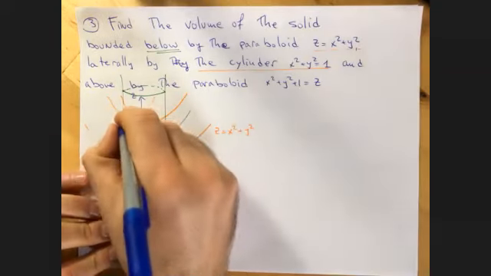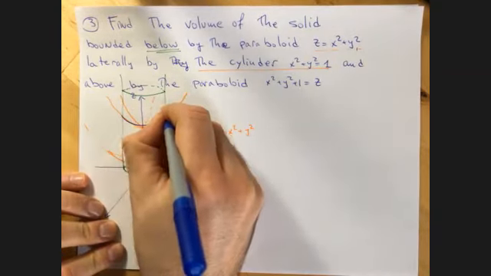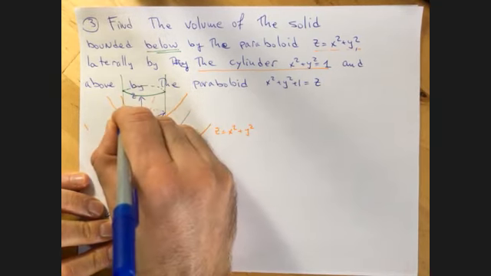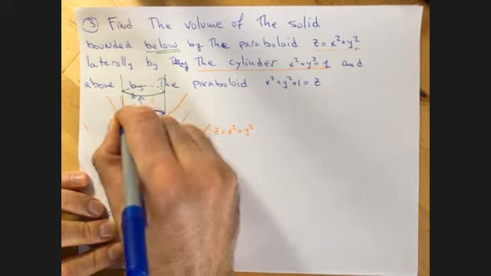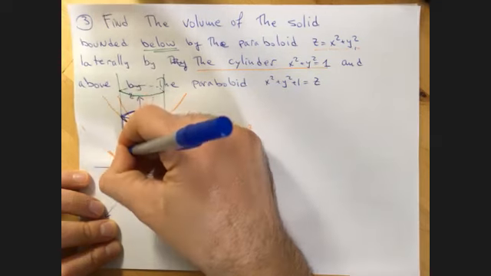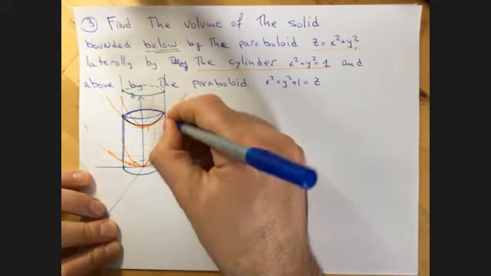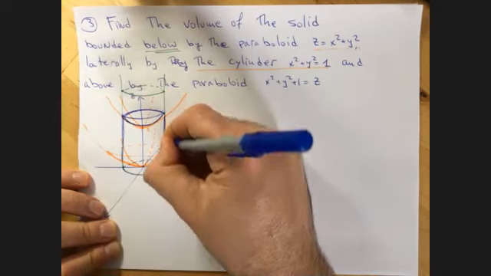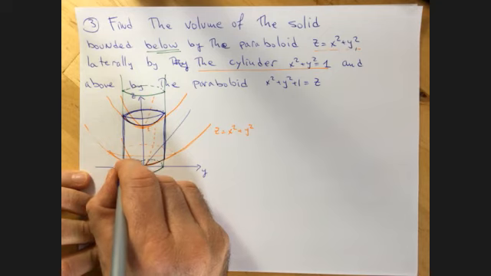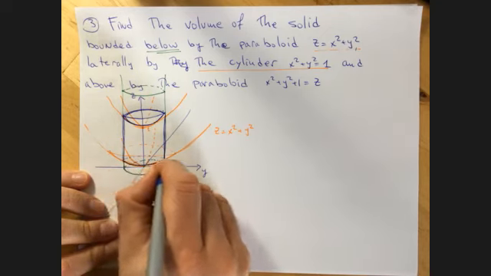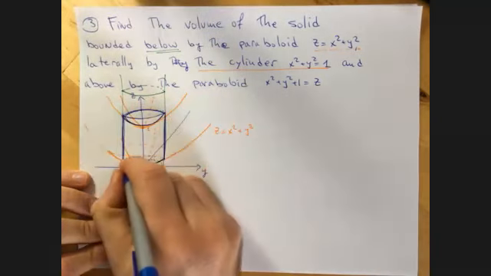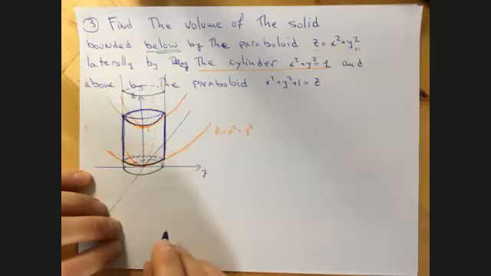Okay, so I obtain this. This is the upper part, so I can see the whole disk, right? Lateral is bounded by the cylinder. So this is the solid that I want.